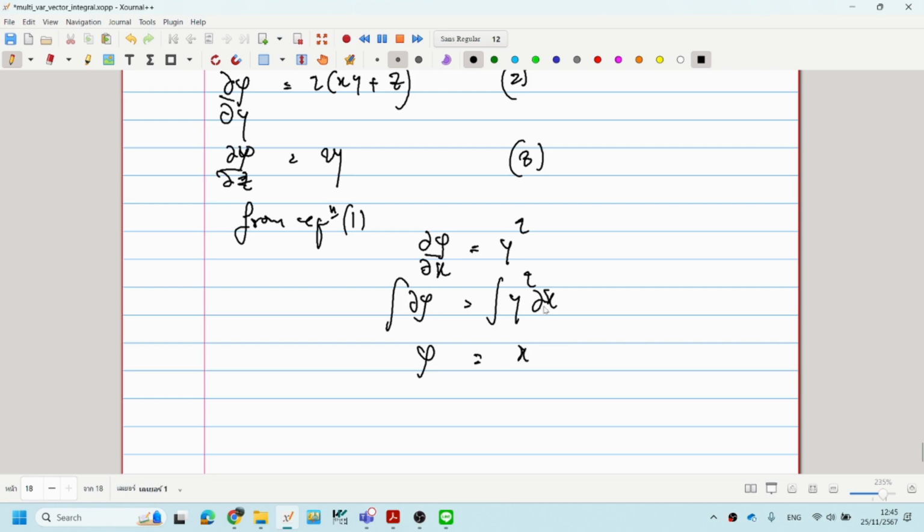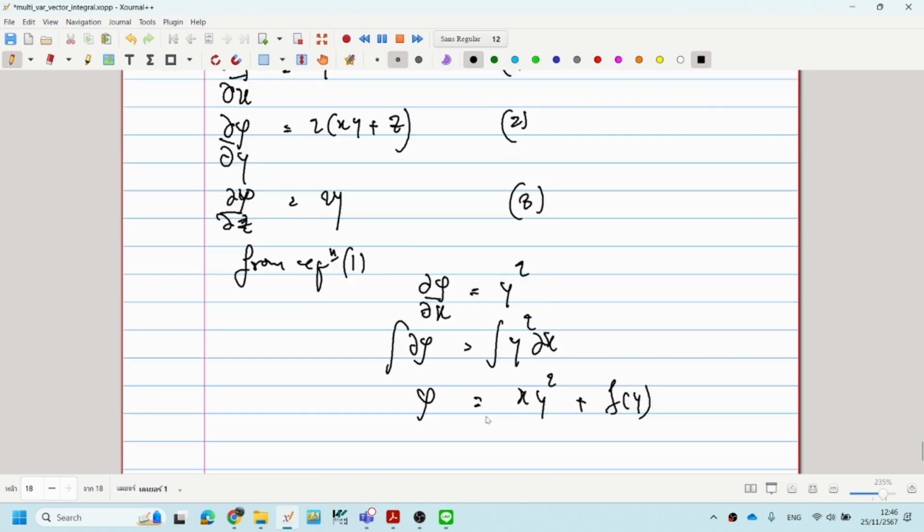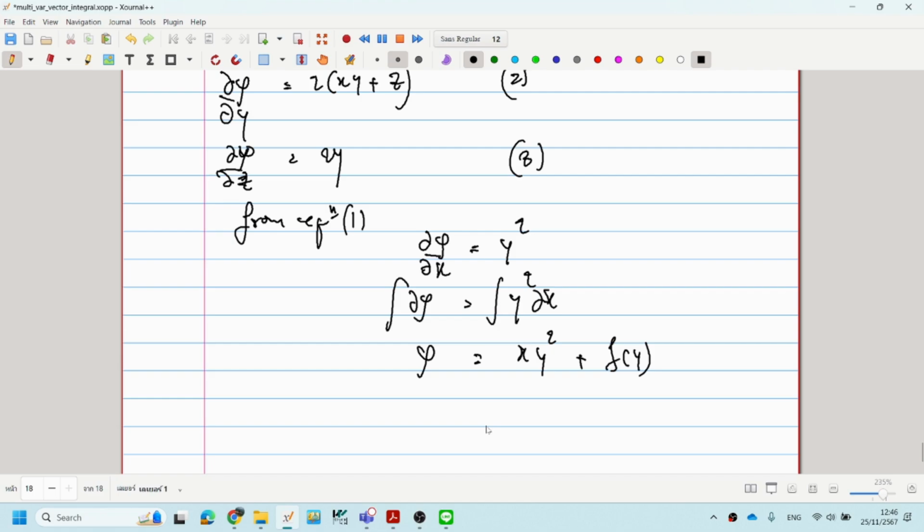You get the solution for the right side integral: y²x plus a constant. The constant value, because I keep y constant. In the constant term, possibly the function depends on y and z, as y and z are kept constant and it correlates only on x.